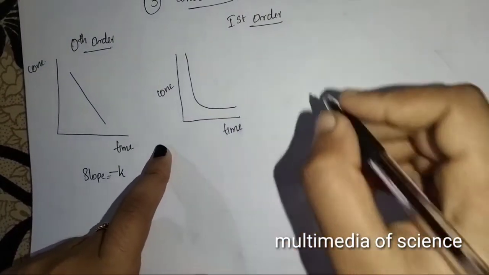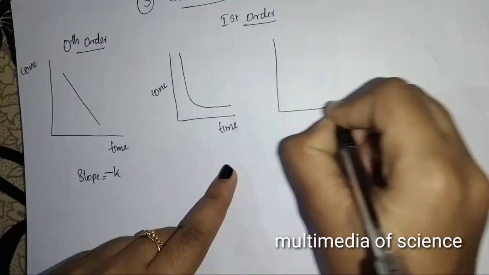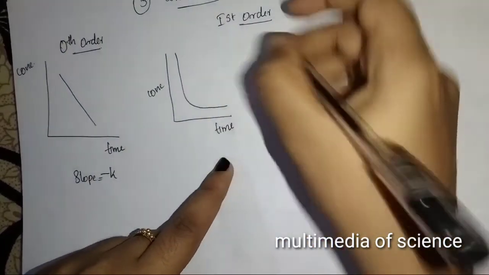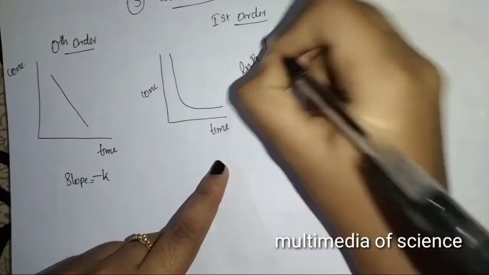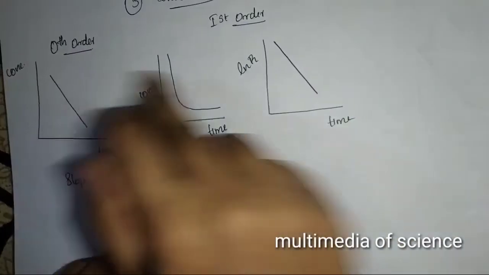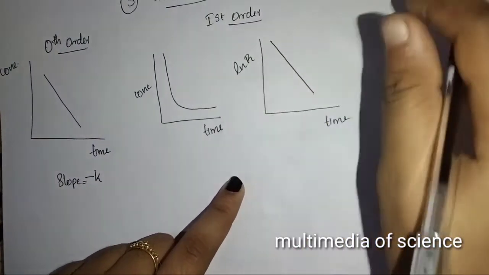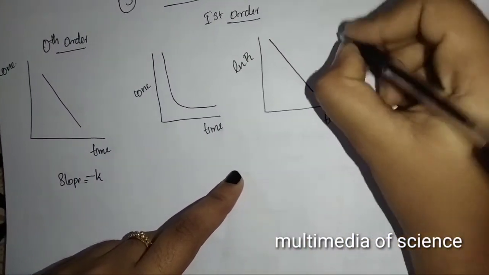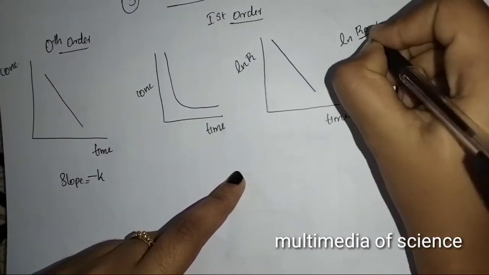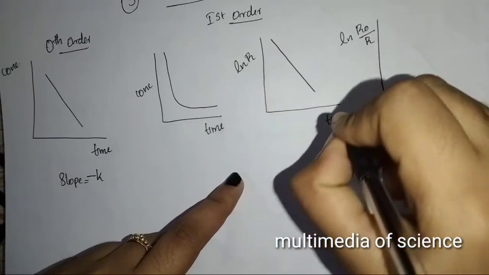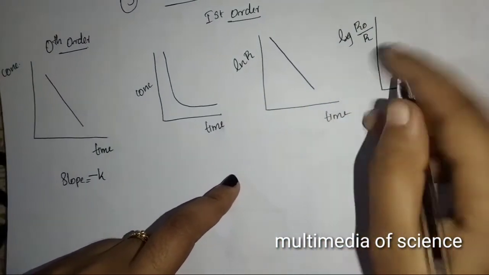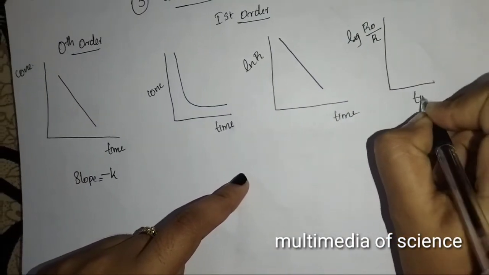Clear? Next, with time on the x-axis, same as here, but log r on the y-axis, then the graph has a negative slope. Clear? Next, the y-axis contains log r0 by r, and the x-axis has the same time.